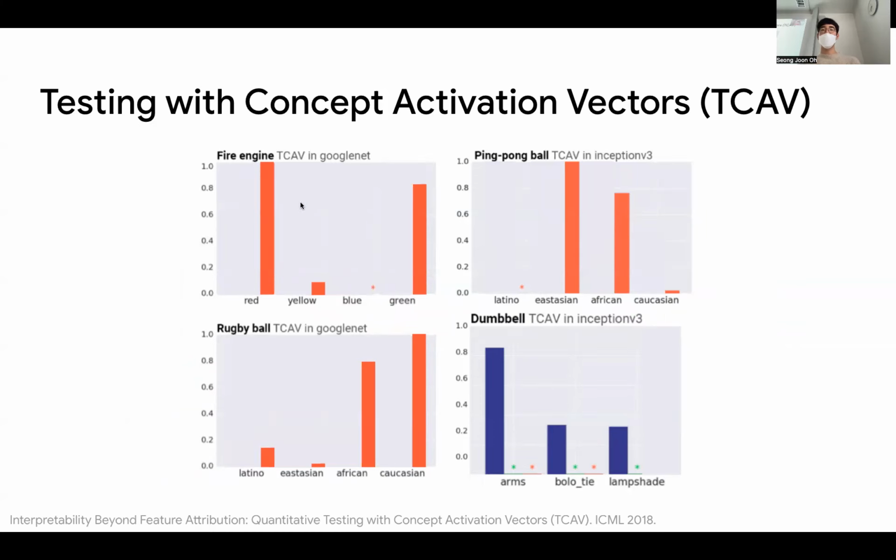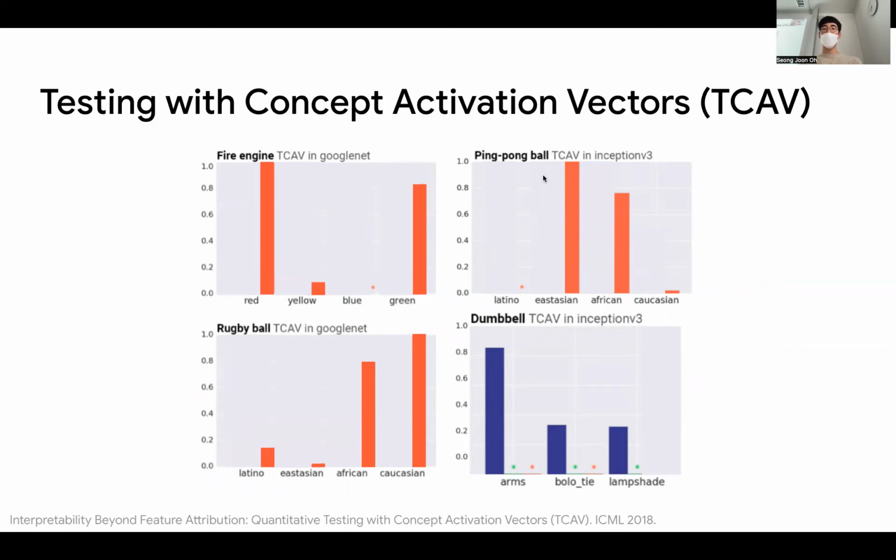Yeah, so here are some examples of using TCAV. For predicting fire engine, they looked at whether the color of the car was important. And it turns out that being red was contributing a lot to the prediction of fire engine. And being green also contributes a lot. So that also shows us a strong bias towards countries represented in the data set having red and green as the color of the fire engine.